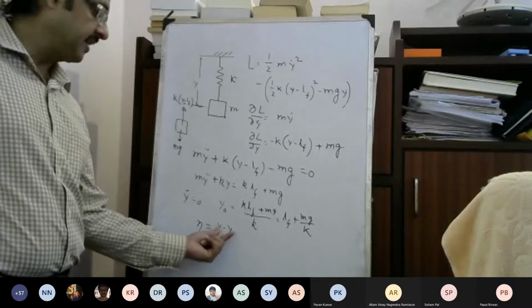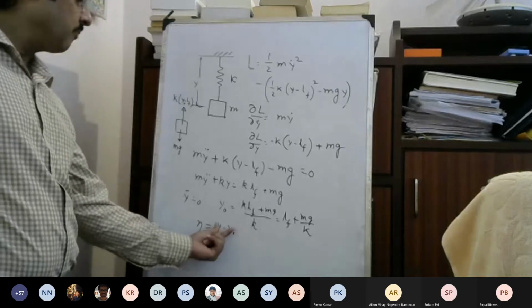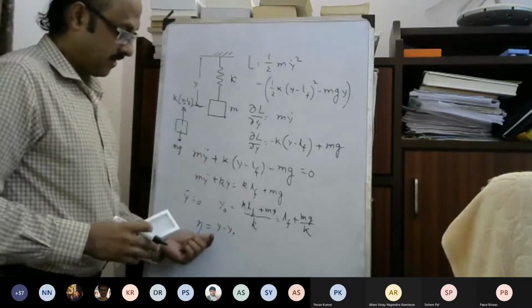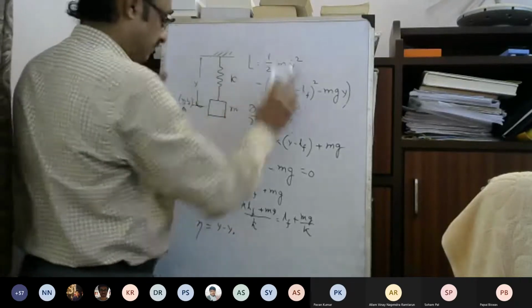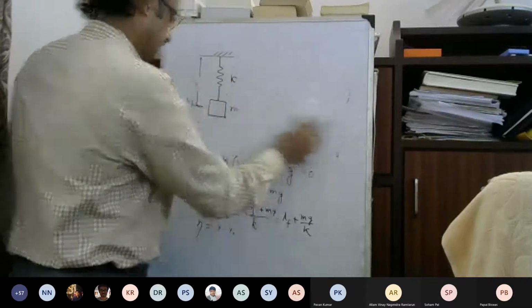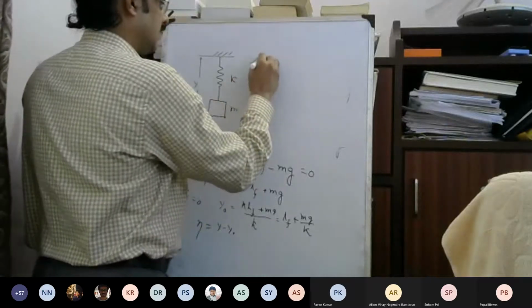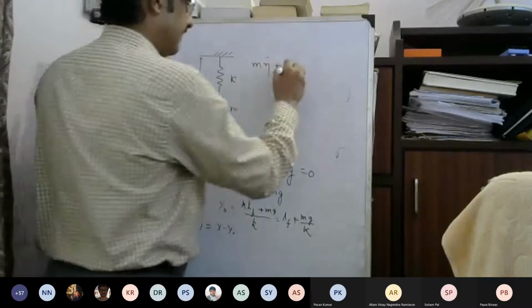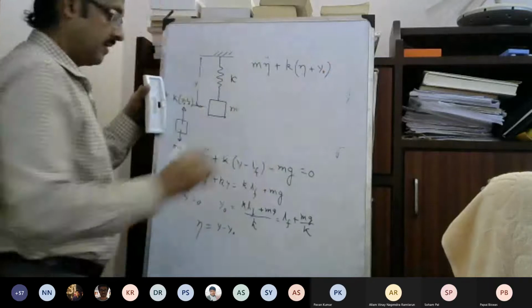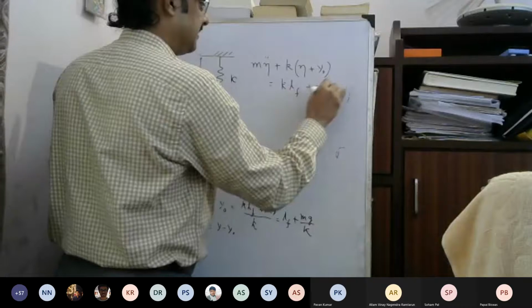So y equal to eta plus y naught, and then from this equation we get m eta double dot plus k times eta plus y naught equal to k L_F plus mg.